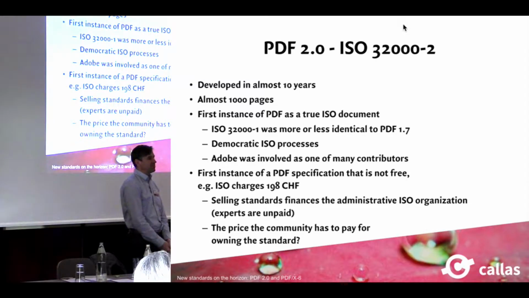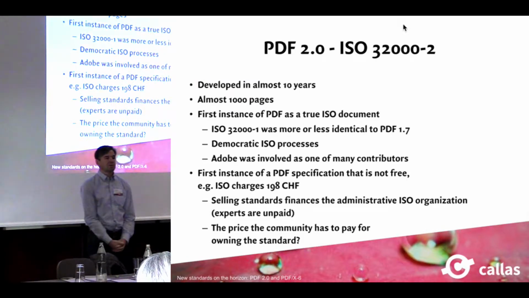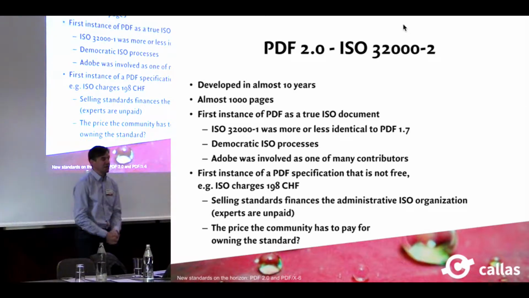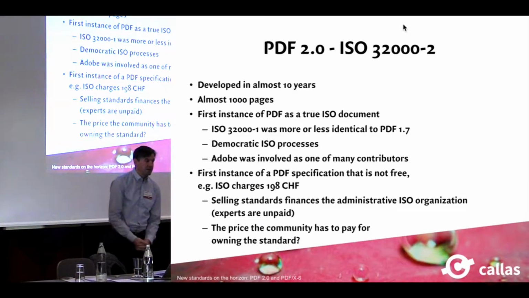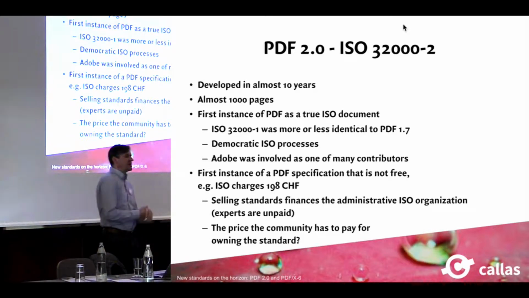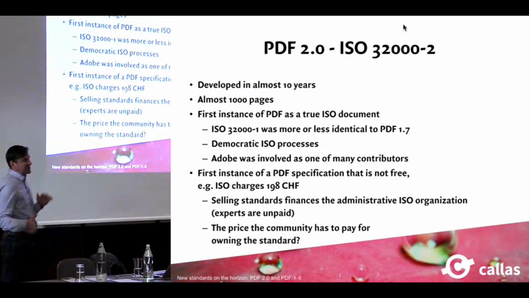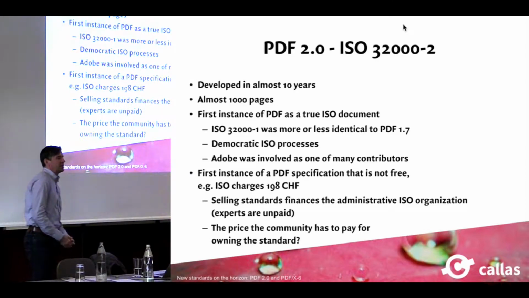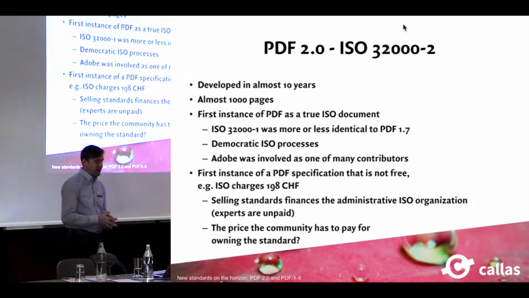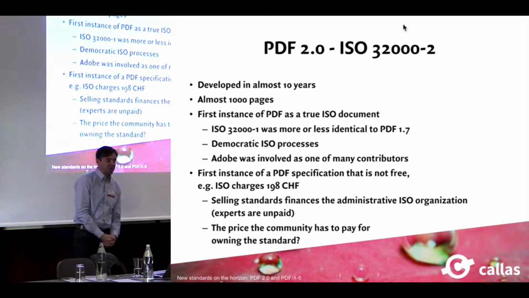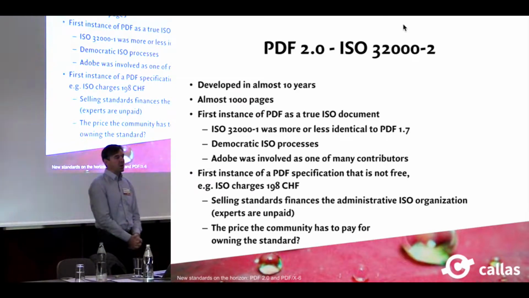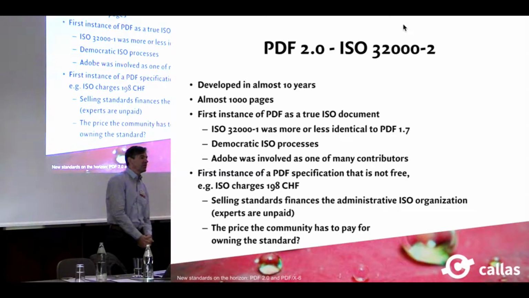It's almost 1,000 pages, so it's bigger than the older ones, just from its size, and also due to the democratic procedures within ISO, things sometimes tend to take longer than in a more hierarchical process. So both contributed to the fact that it really was a long story to get there, and also lots of work. But the outcome of it means it's really now an ISO document.